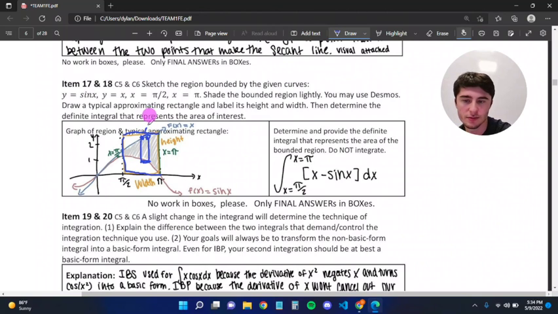So if we wanted to label it, we can label this h for height, and we can label our change in x width, w for width. We can say that is equal to change in x. And yeah, it's just a very basic rectangle.